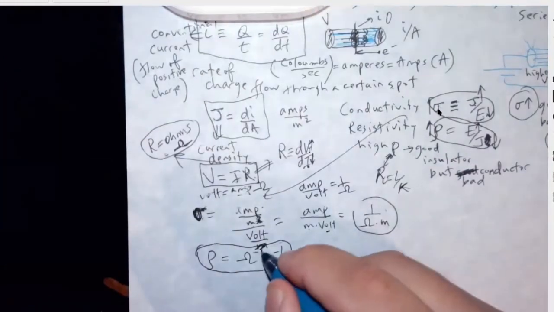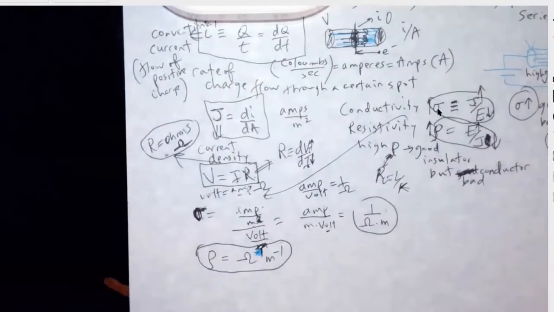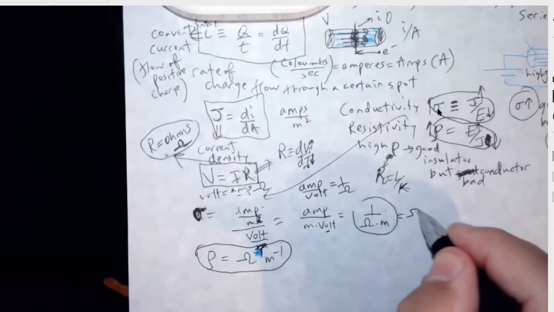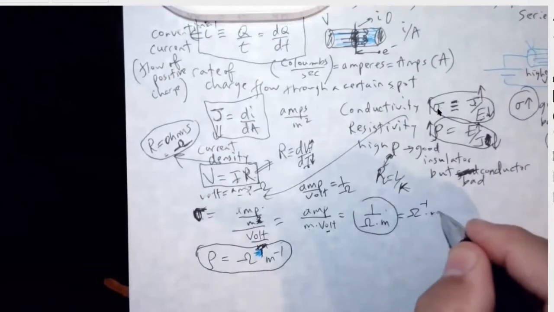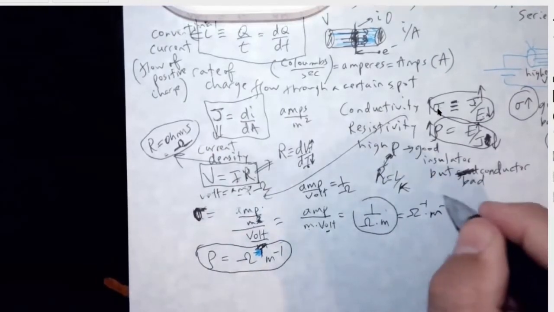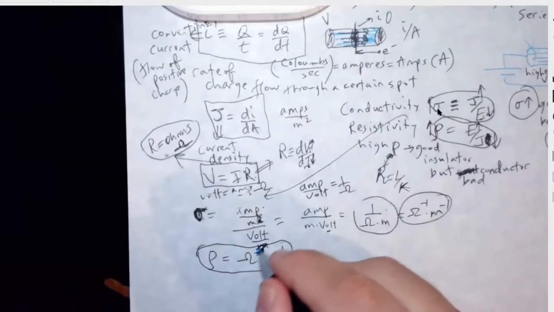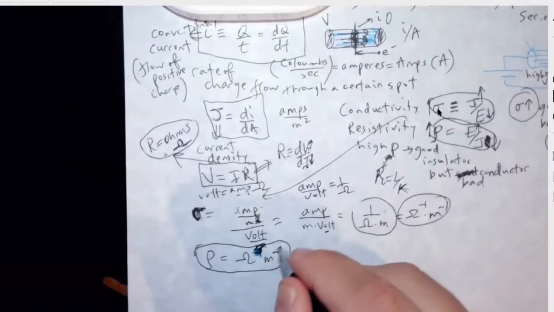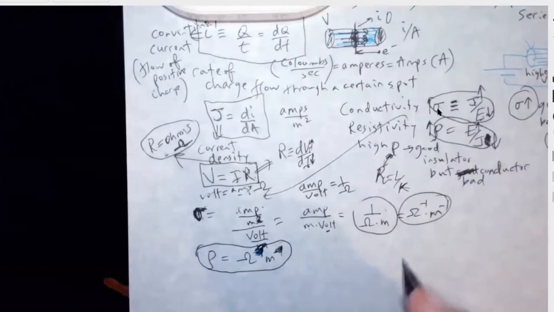Oh, no. This one is already ohm to the -1, meter to the -1. And when you invert it, you just get the regular without the -1.